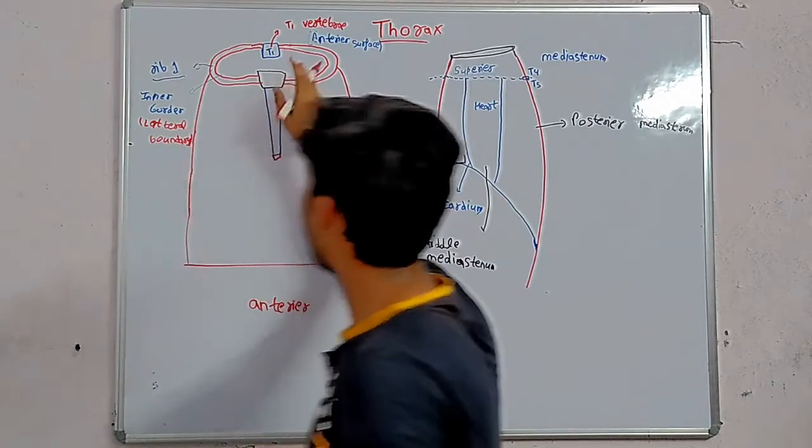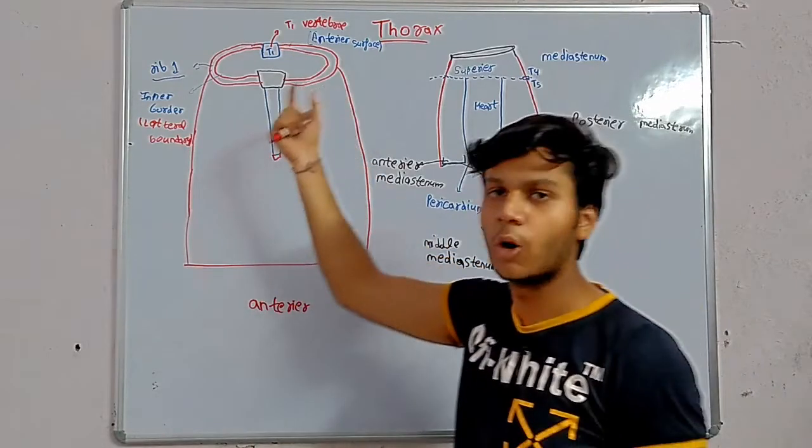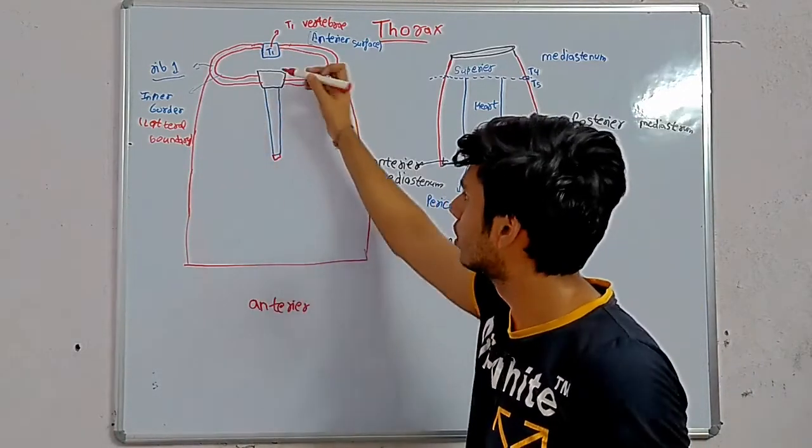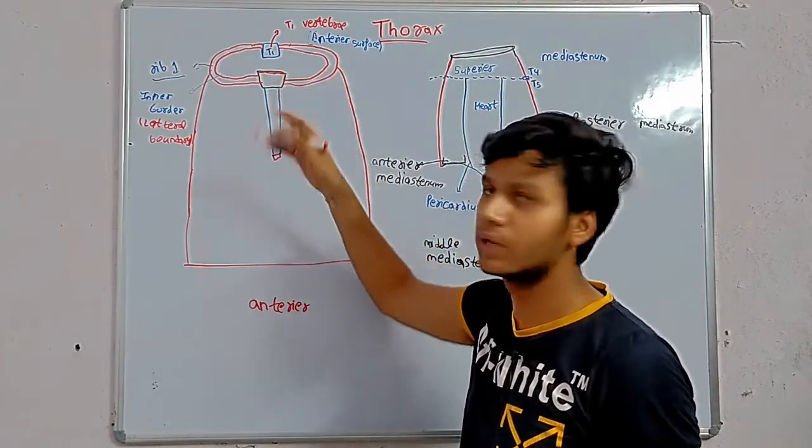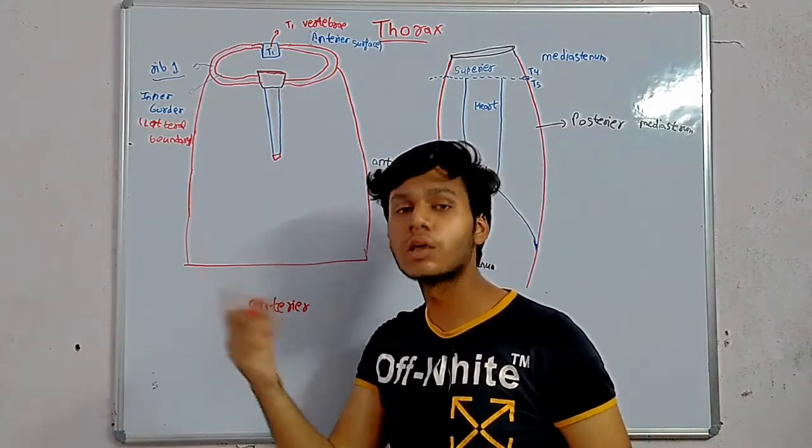Then anteriorly, the thoracic inlet boundary is formed by the manubrium's superior surface. Which surface? Posterior surface of manubrium.